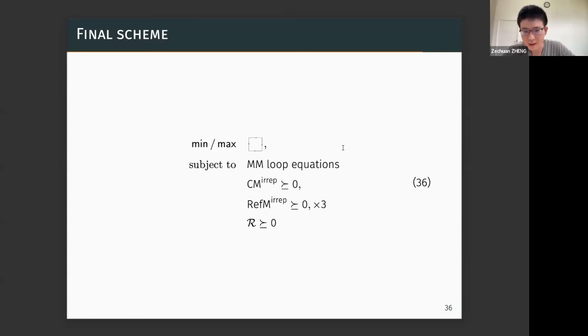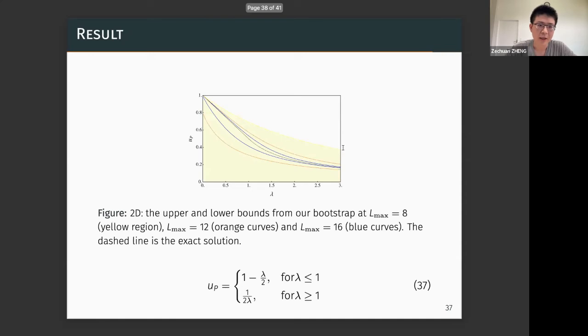This is subject to the Makeenko-Migdal loop equation, the correlation matrix factorized with irreducible representations of the global symmetry, the 3 kinds of reflection positivity matrices also factorized with respect to the irreducible representations, and finally the relaxation matrix. This concludes our construction of the scheme.